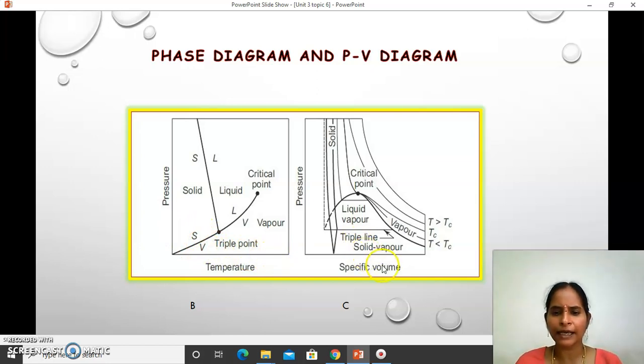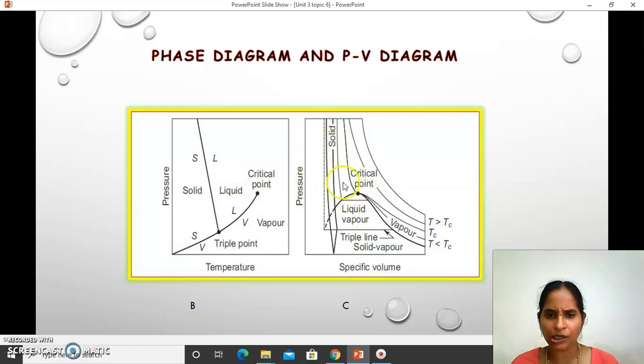Okay, and in the same manner, here if you see this is the PV diagram, which shows the critical point and the critical temperature, above the critical temperature, here below the critical temperature. This is the temperature line which crosses through the critical point. And here you are getting the vapor dome on the left side.